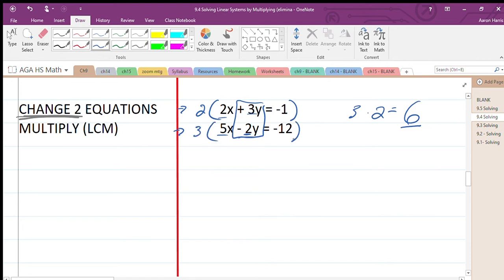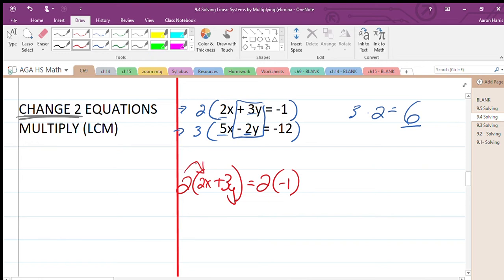Multiply it by what? 3. So now we're going to get 2 different equations, but they're exactly equal to the original ones. Okay? So here we go. Let's do all this math. 2 times 2x plus 3y is equal to 2 times negative 1. Remember, what I do to one side, I must do to the other. So here we go.